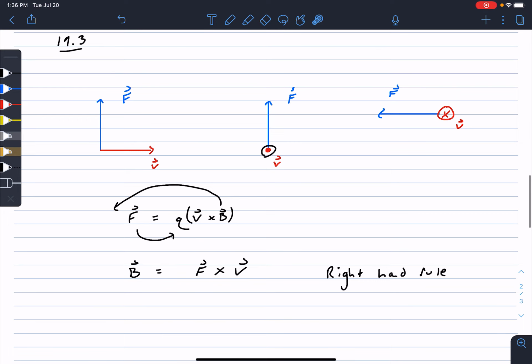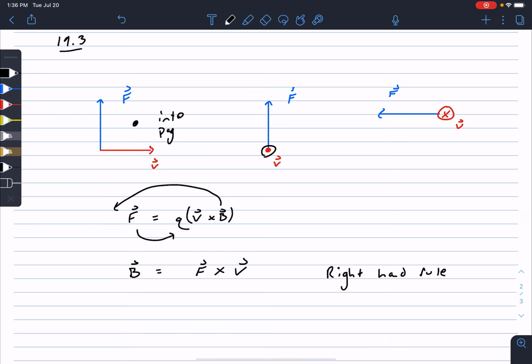So we're going to take F cross V. All I'm saying is that we're going to point our right-hand fingers along F and curl them towards V, and then figure out which direction the magnetic field is pointing. So point, curl, that means that it's pointing into the page.